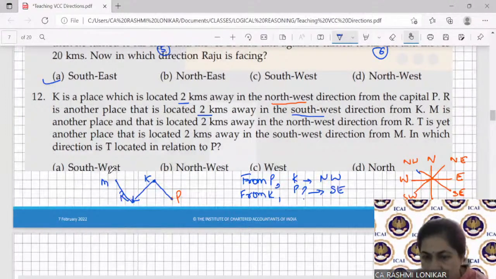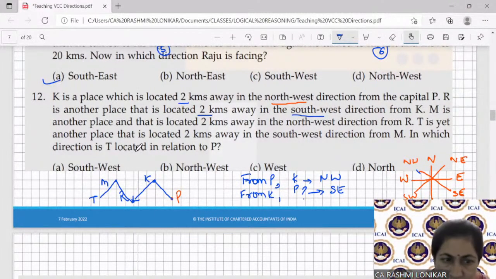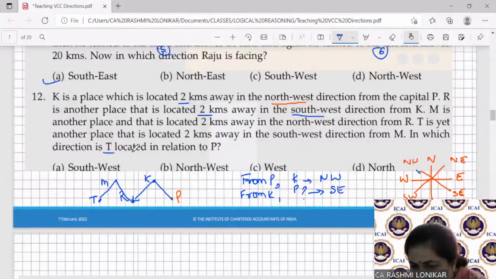T is yet another place that is located 2 kilometers away in the southwest direction from M. So the southwest direction from M is T. In which direction is T located in relation to P?